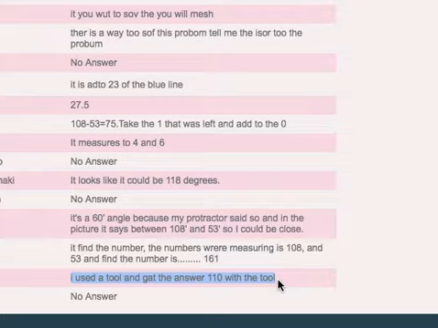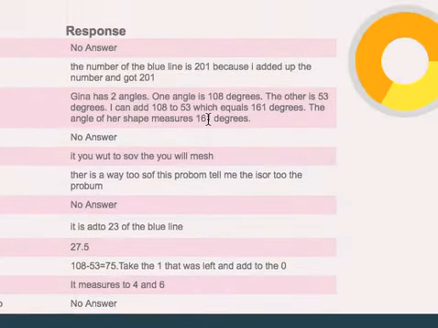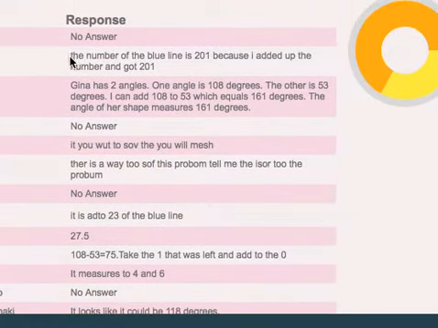The only tool that you should be using is your brain, your math skills. You should be using your math skills. Let's see. This one here. The measure of the blue angle is 201 because I added up the numbers and got 201.